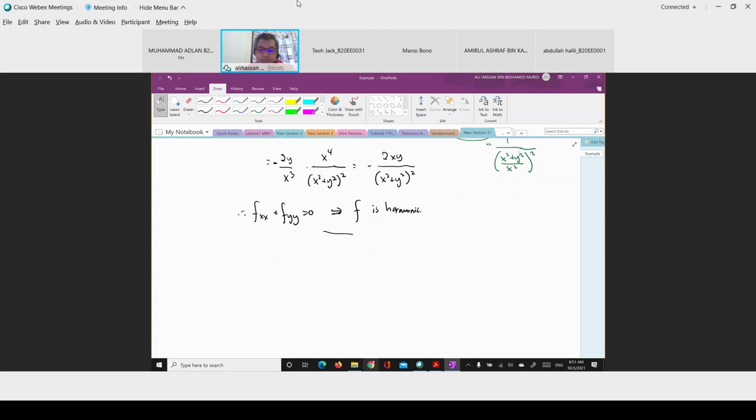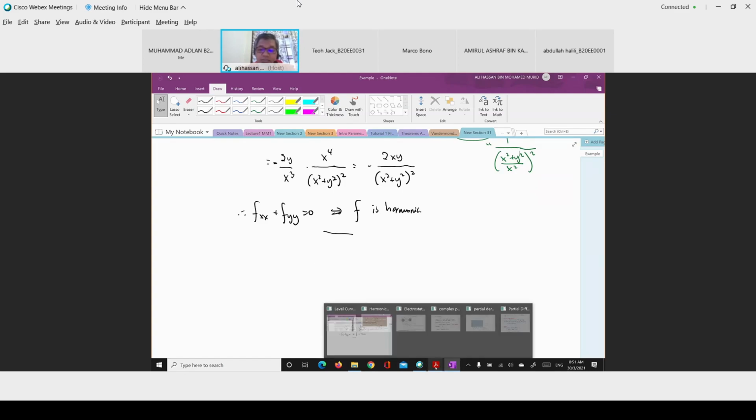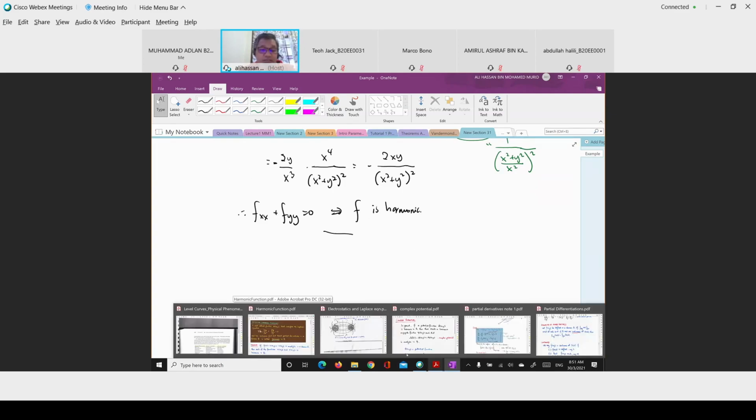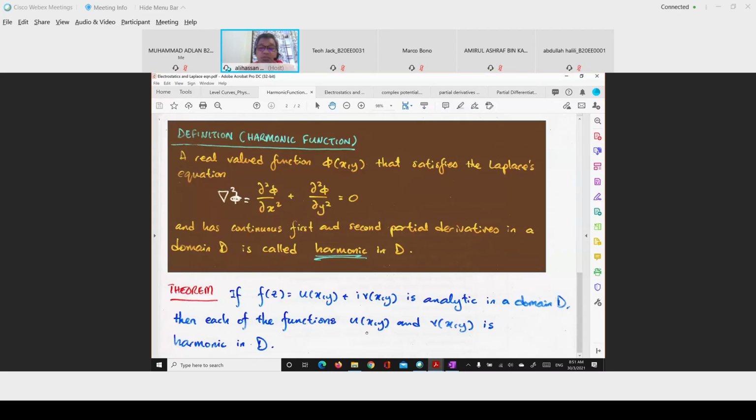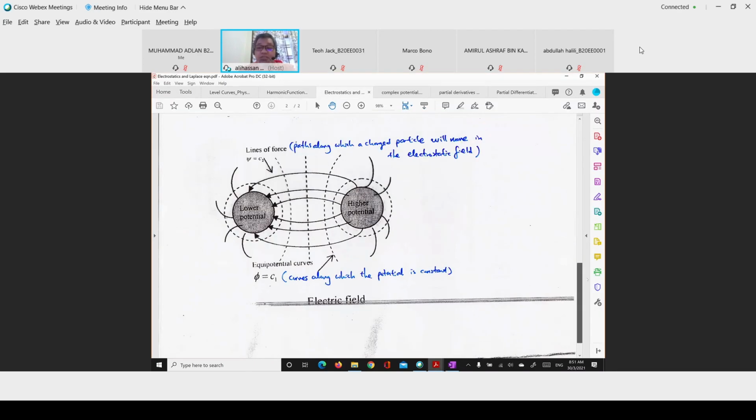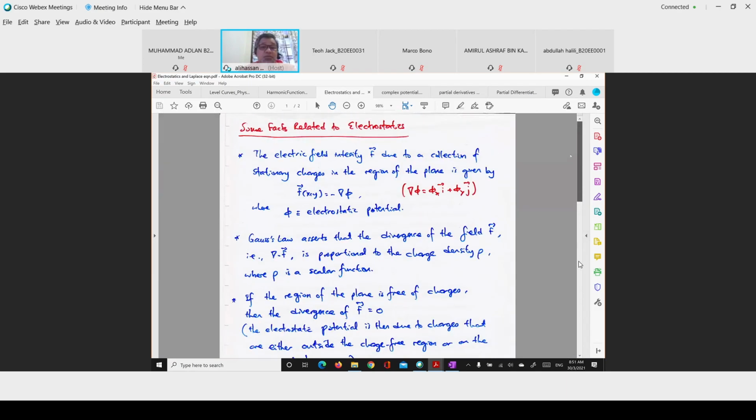So harmonic function is very important in applied mathematics. Even in electrostatics, it can give rise to harmonic function here. The electric field intensity, capital F, is a vector valued function.